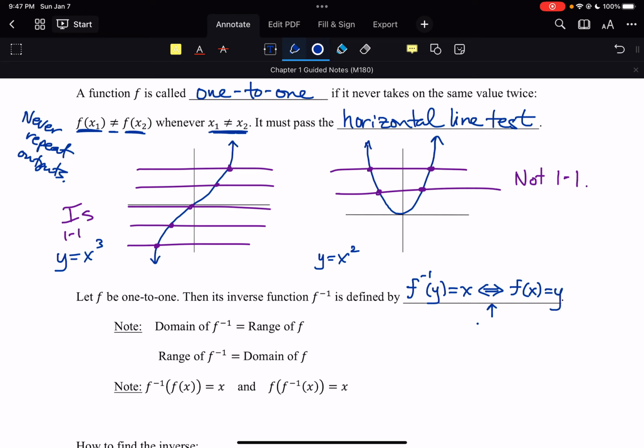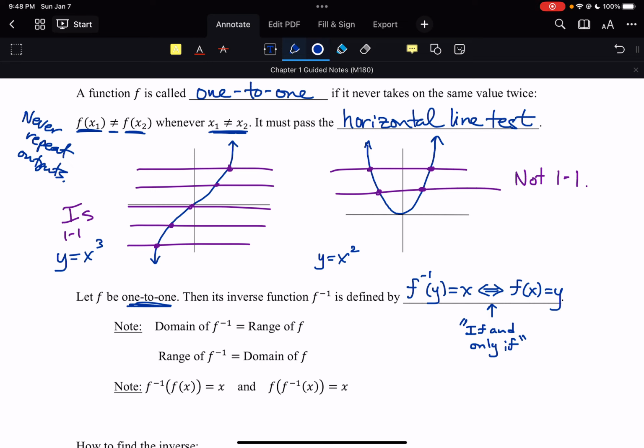So just a notational piece: that notation in the middle says "if and only if." So f inverse of y equals x if and only if f of x equals y. This is the one that we're used to, but this is an equivalent and also true relationship, assuming that the function is 1 to 1.